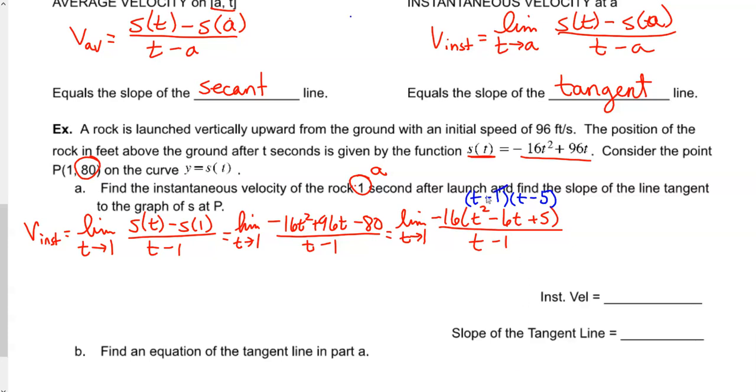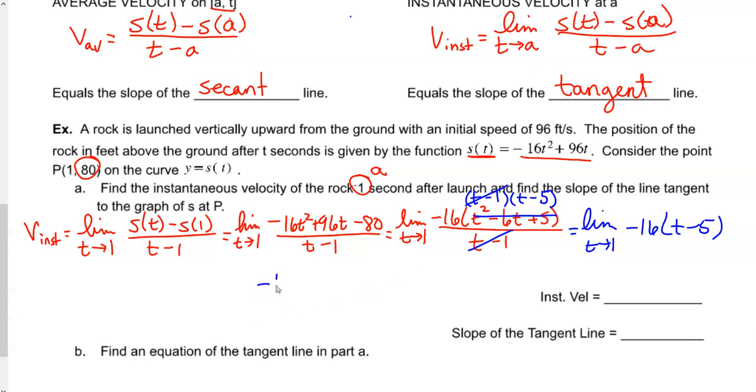So this factor now will cancel with that factor in the bottom that is exactly the same, leaving me with the limit as t goes to 1 of negative 16 times (t minus 5). And that's my new function, where hopefully when I plug in t equaling 1, the a value, I do not get 0 over 0. Well, because these cancel, we will not now.